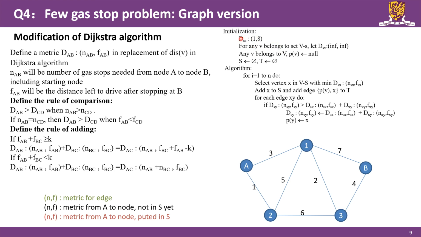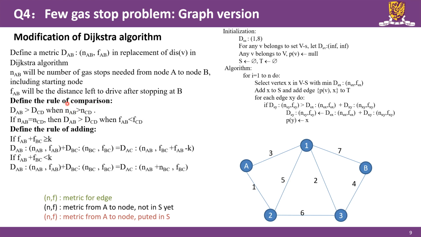The first part is the initialization part, and there are two rules that need to be defined to replace our metric into the professor's algorithm. The first is a rule of comparison, because the professor used distance comparison in Dijkstra's algorithm. So we can define D_AB bigger than D_CD by this rule.